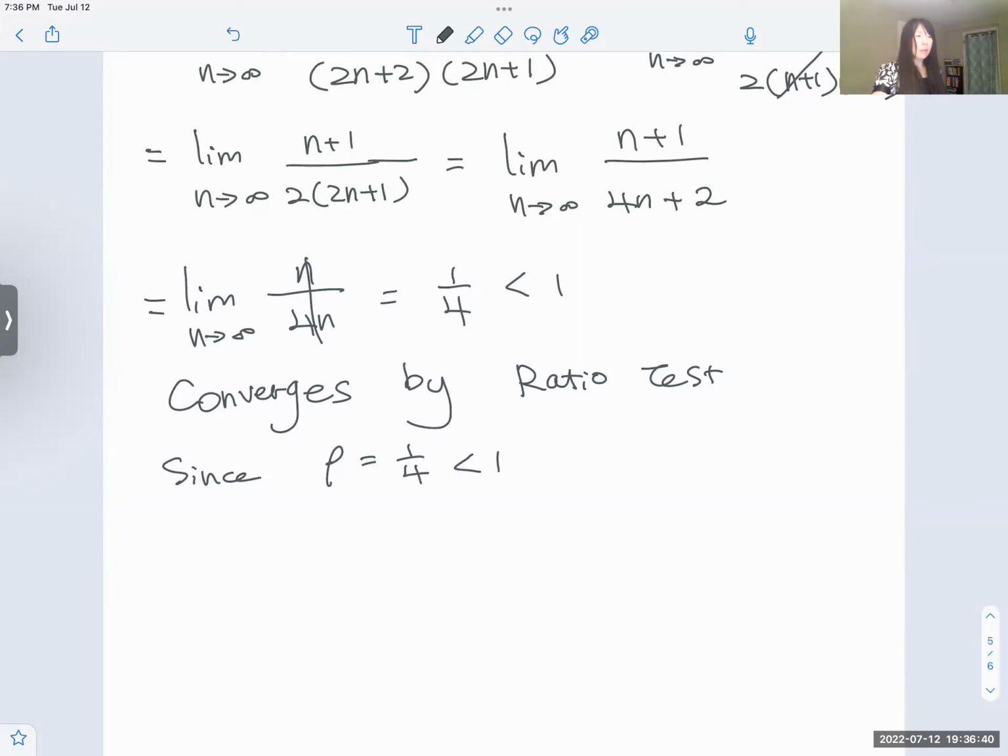Okay, now we're going to do the root test. The root test is very similar to the ratio test, but I said that the number one easiest is the p-series, number two is the root test, number three is the ratio test, number four is the geometric series.